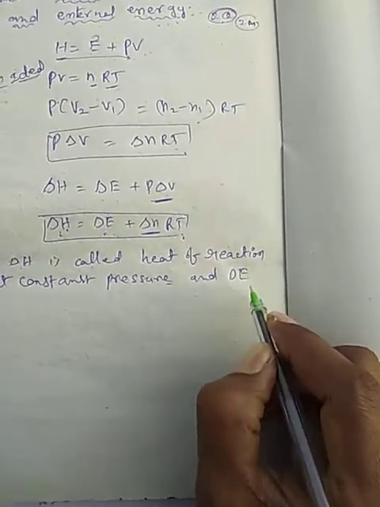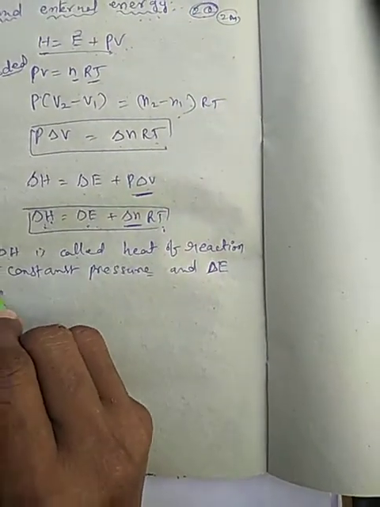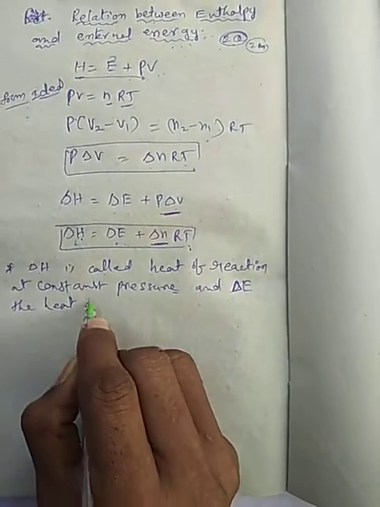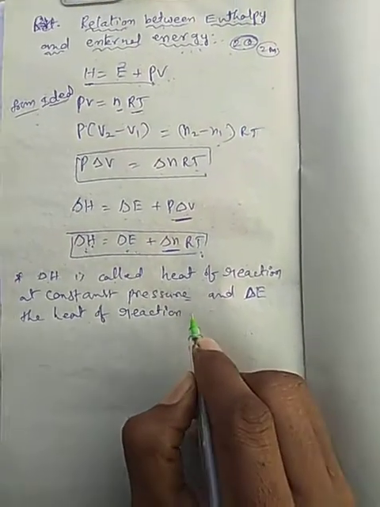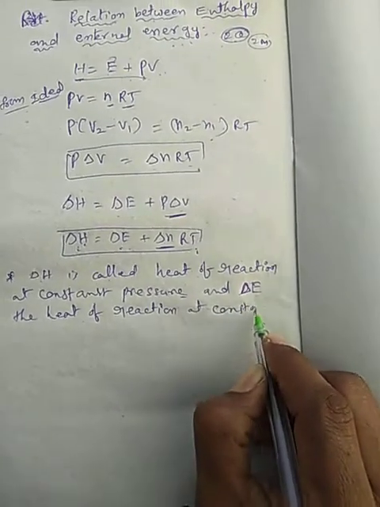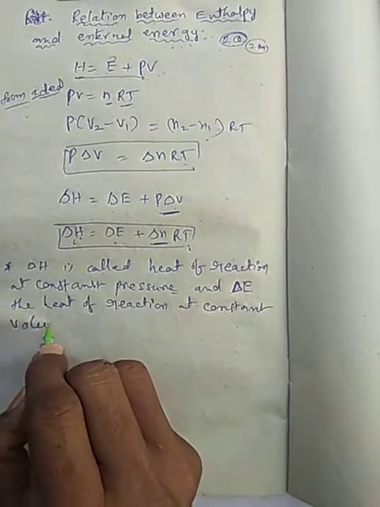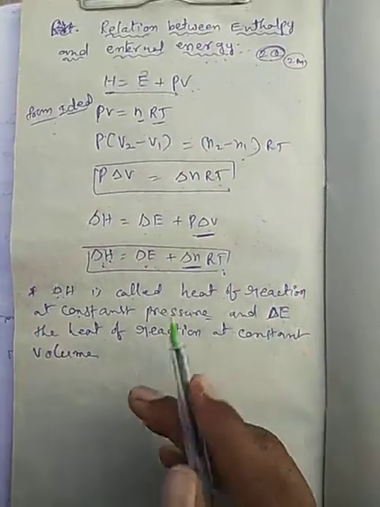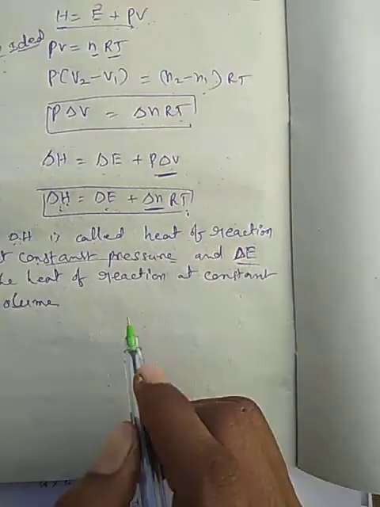and delta E the heat of reaction at constant volume. Delta H is at constant pressure, but delta E is at constant volume.